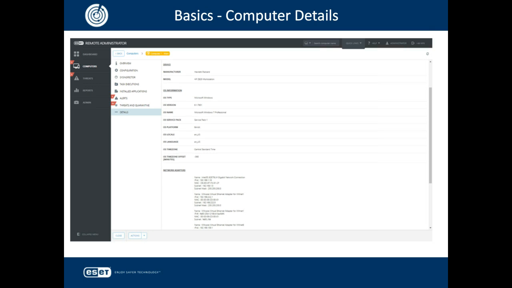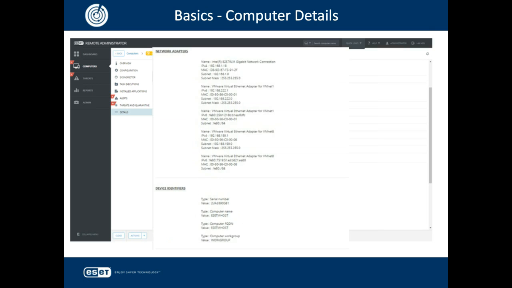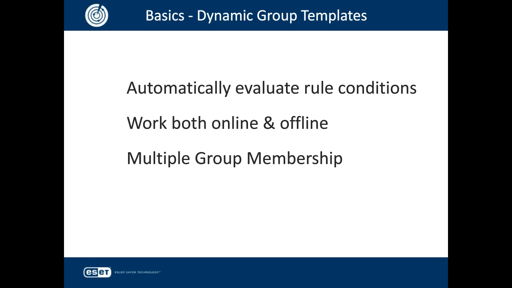What we can do with this information is take it and sort computers, and we can automatically evaluate rule conditions when computers are on or off the network. We do that by using what's called dynamic group templates. Computers can be in as many of these dynamic groups as you might want, and we will automatically evaluate whatever conditions you provide.